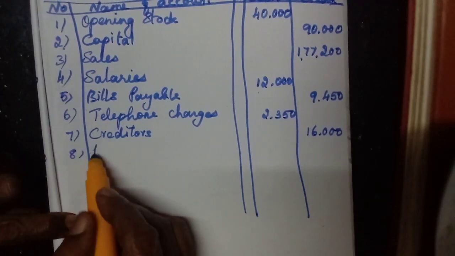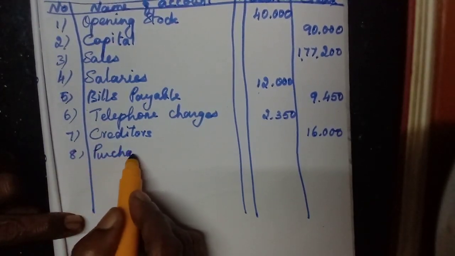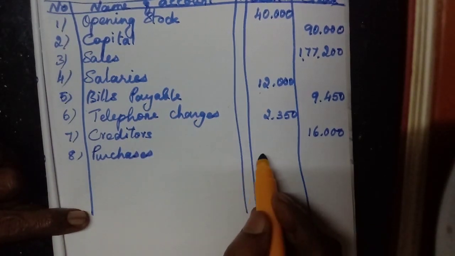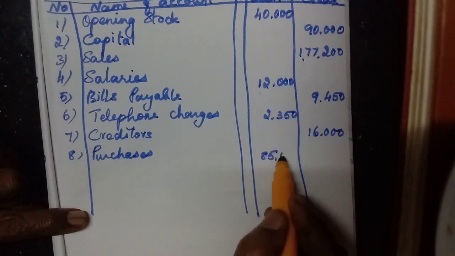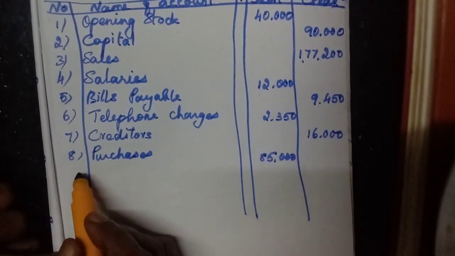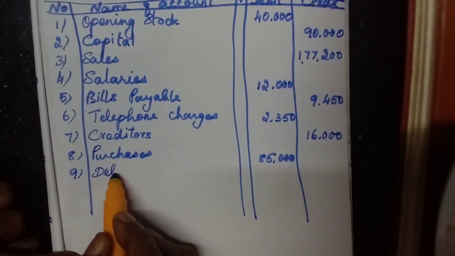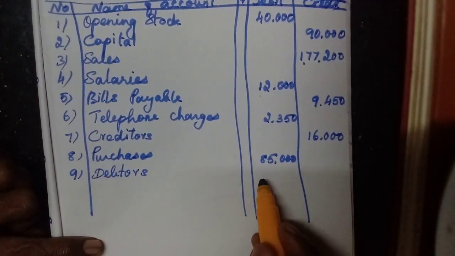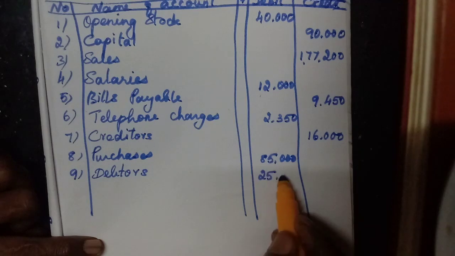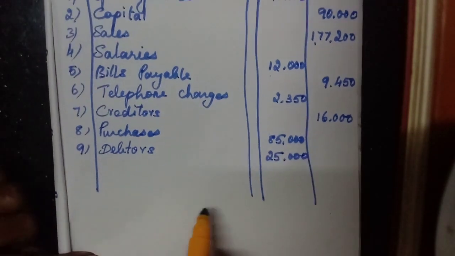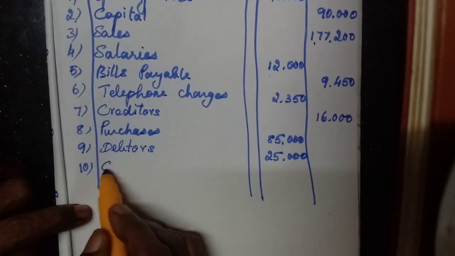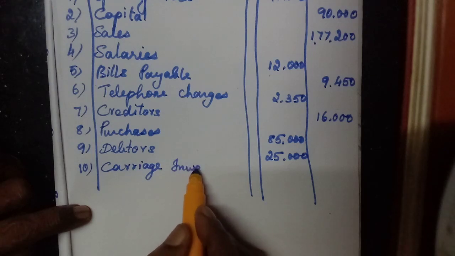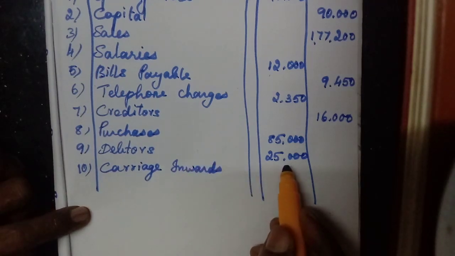Purchases. Purchases is an expense, so debit, 85,000. Then debtors. Debtors is an asset, current asset, debit, 25,000. Carriage inwards. 16,500.